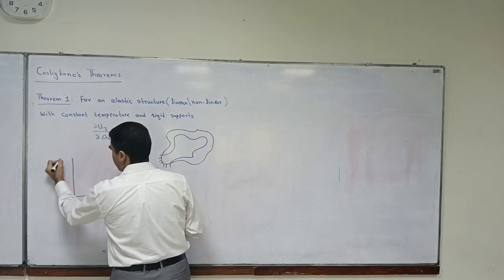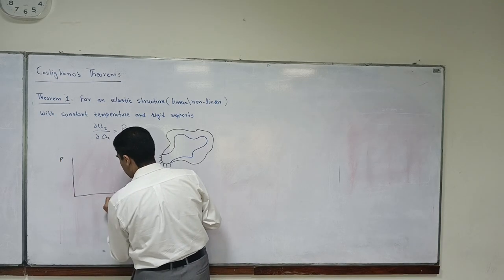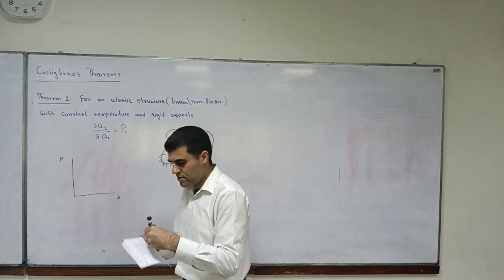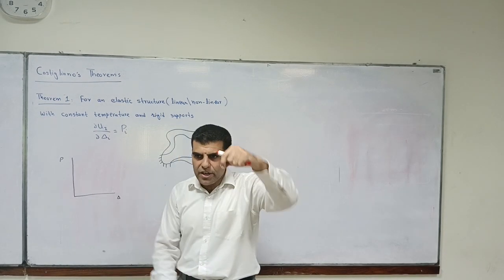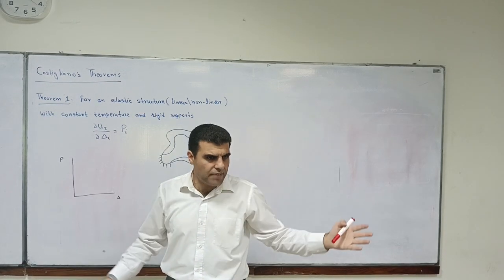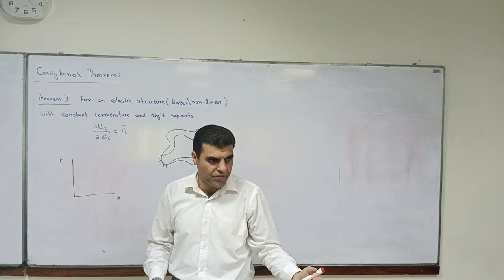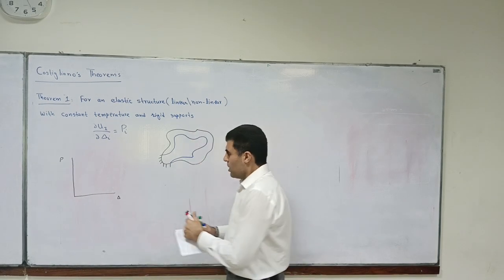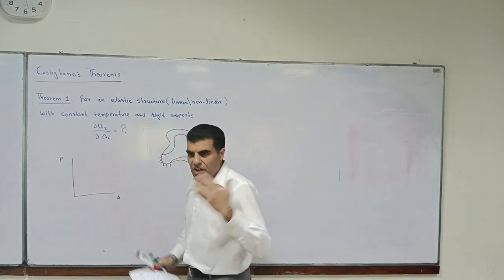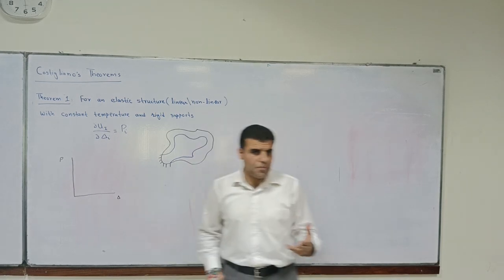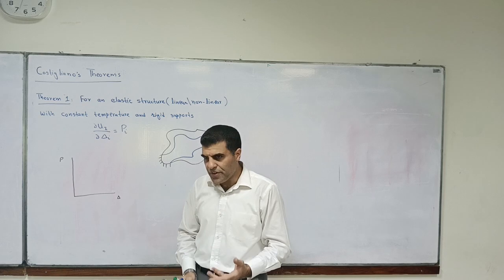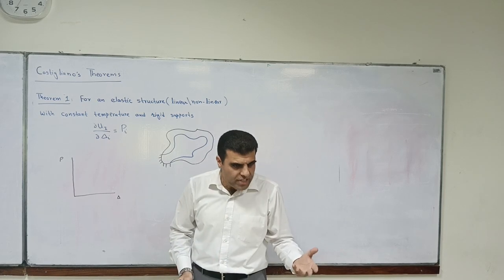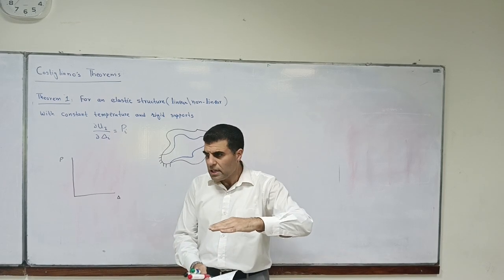for example, if you draw a P delta curve for any structure, you can have a bar, a beam, a plate, whatever structure you consider. Like in your PRC, you have tested cylinders. That is also a small structure.